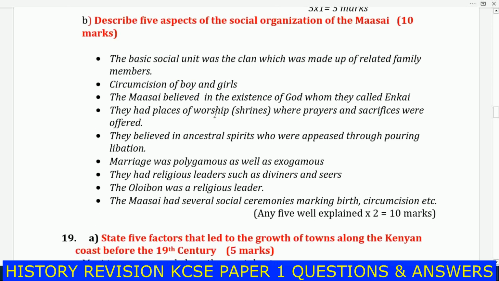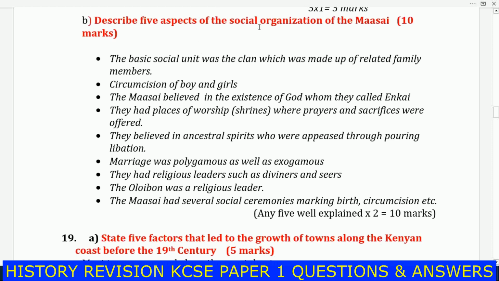Describe 5 aspects of social organization of the Maasai. Social, remember, a student confused social and economic. You should know how to interpret the questions, because that is the main problem we have with our students. They read the question without internalizing, they start answering and they give wrong answers.